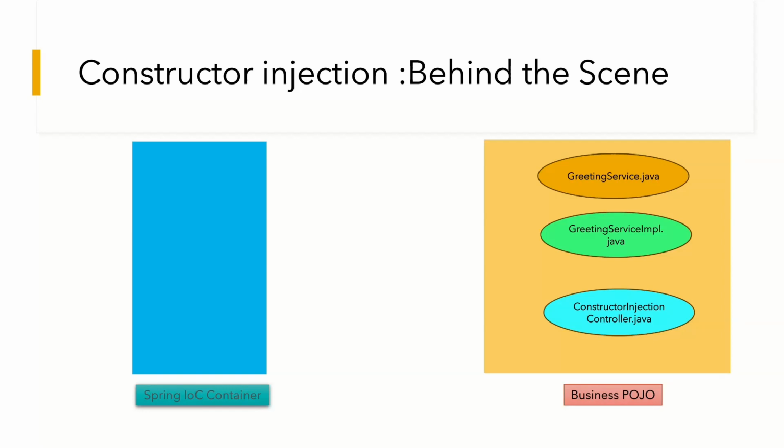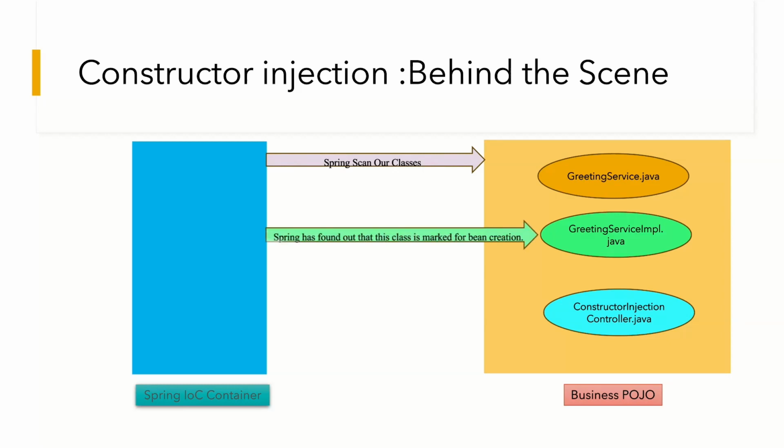Let's now understand how constructor injection works behind the scenes. In our project, we have three classes: GreetingService, GreetingServiceImpl, and ConstructorInjectionController. When the Spring container initializes, it scans the configured classes and identifies beans that need to be created. In our case, Spring identifies GreetingServiceImpl as marked for bean creation, and Spring will create a bean for this class and store it in the container.